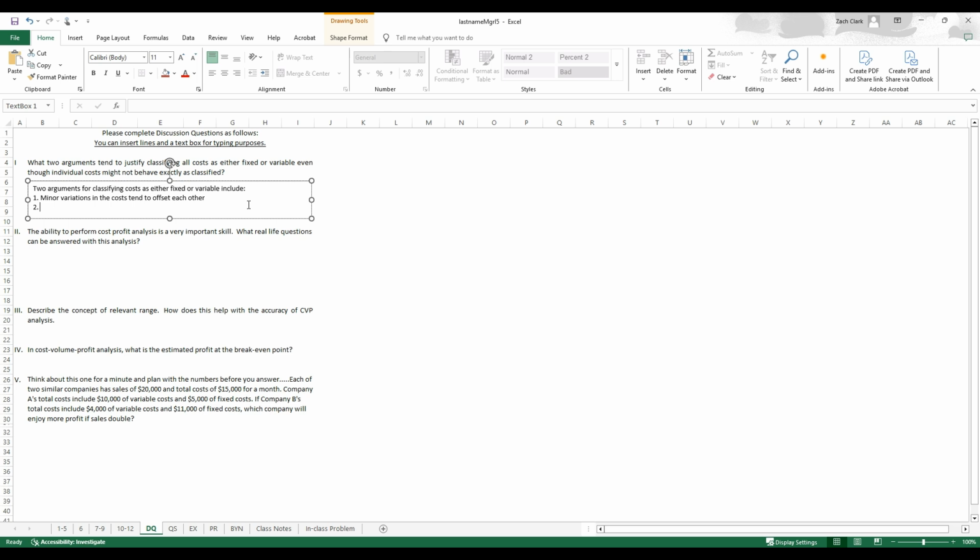And then number two is that the costs will remain as fixed or variable within what's called a relevant range. So, for example, the range at which those fixed costs remain fixed, right?